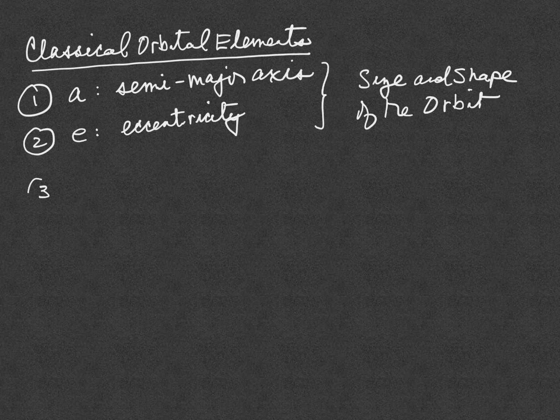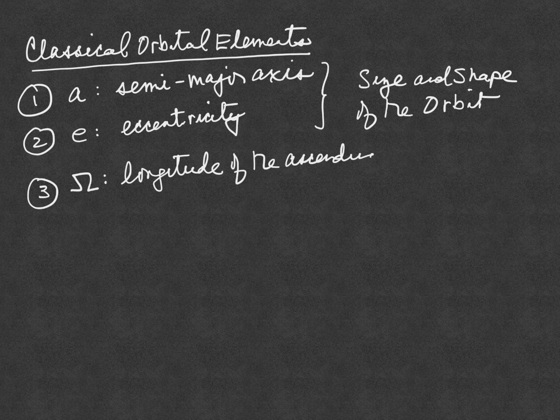The third orbital element is what's called big omega, and it's known as the longitude of the ascending node. The fourth orbital element is called I, and it's the orbital inclination.